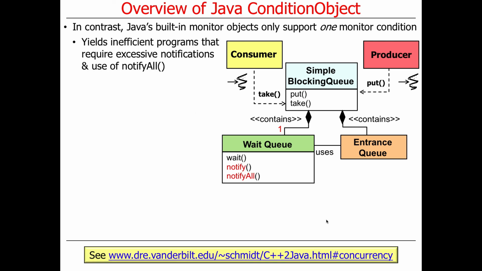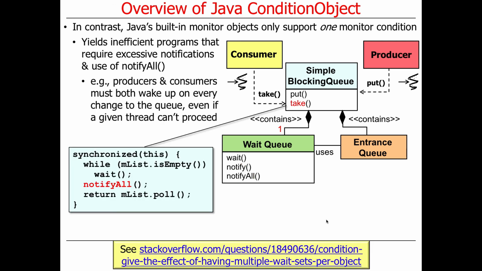That ends up being a real hassle for a variety of reasons, because it means that you typically end up having to use the notify all method as opposed to the notify method, for reasons that will become a little clearer later on. Because there's only one wait queue, waiters end up having to use the same queue to wait for different types of conditions, which turns out to be really inefficient and weird.